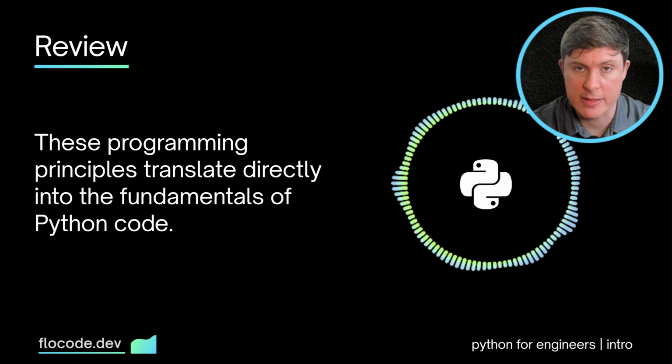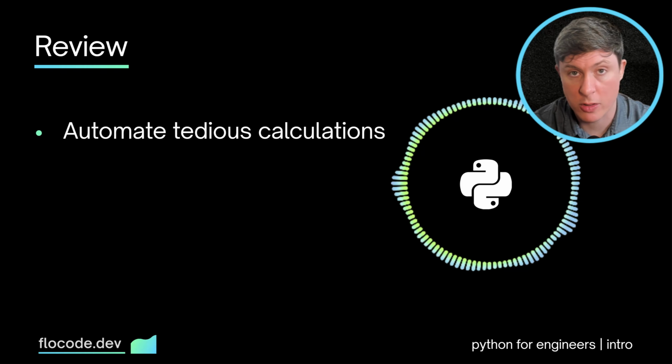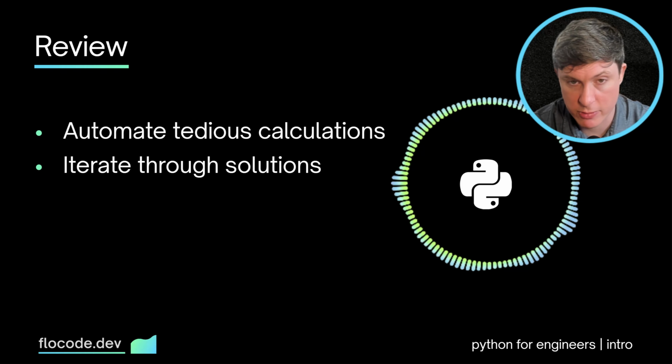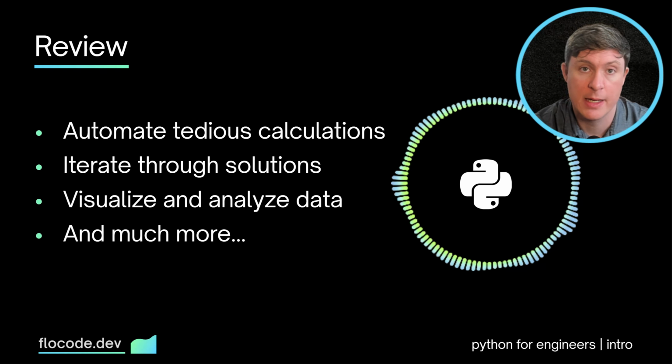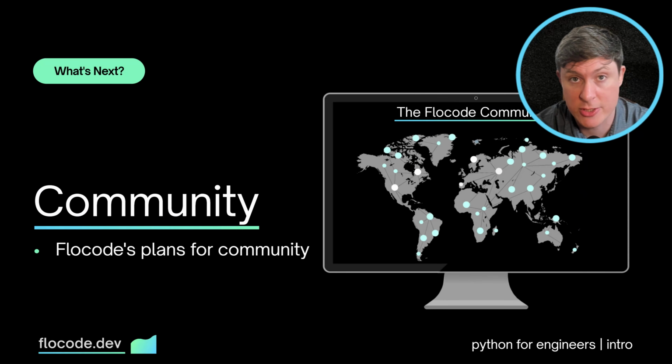And as we progress through the Flocode Essentials course, these concepts will snap into focus with tangible examples from your own engineering experience. You're going to see how to automate calculations, iterate through solutions, visualize and analyze data, and a whole lot more. The best part is, as you learn to code, the way that you view engineering problems themselves may even begin to shift. It's a very strange experience, but it's certainly worth the effort based on my own personal experience.